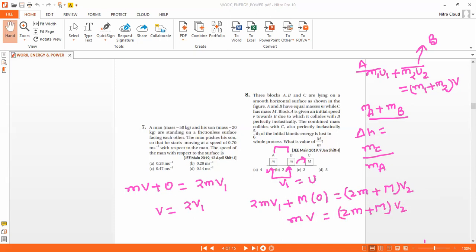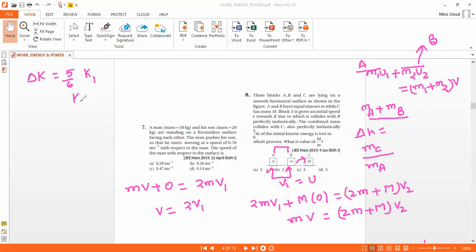Here we can see that they gave the loss in kinetic energy, delta K, is 5 by 6 of the initial kinetic energy, suppose K1.